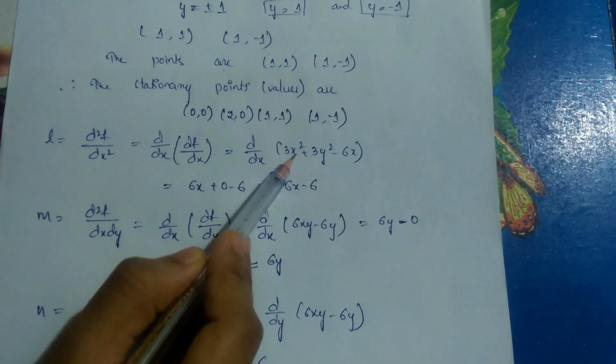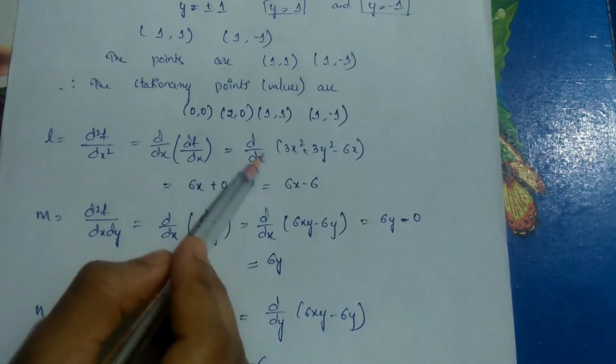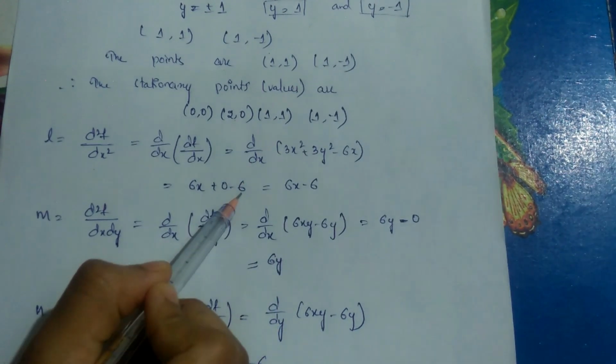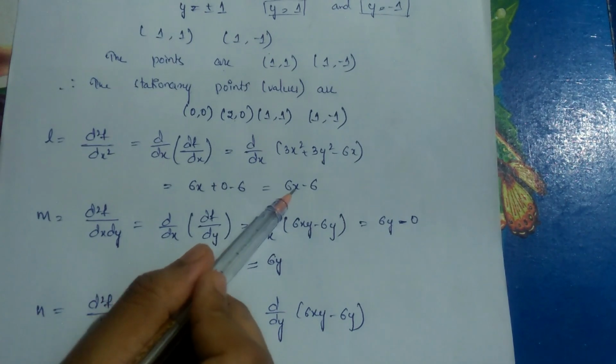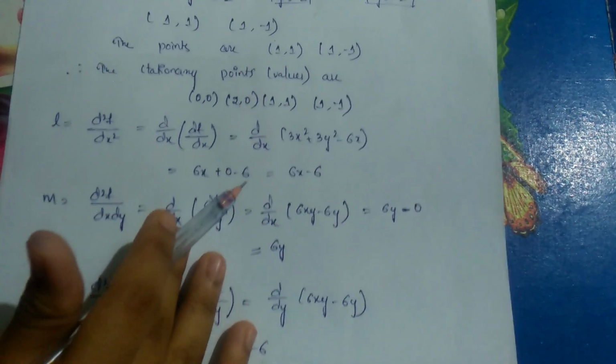Now 3x square differentiation with respect to x is 6x, and 3y square differentiation with respect to x is 0, and minus 6x differentiation with respect to x is minus 6. So you get 6x minus 6, that is the value of L.